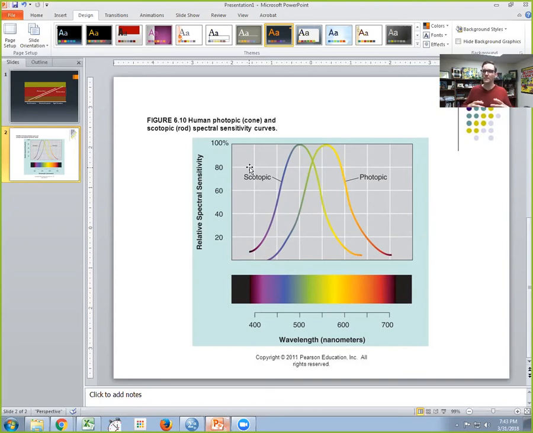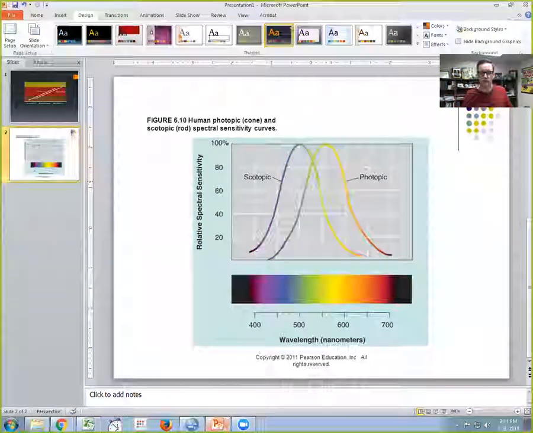All right, so this effect where we see a shifting. So we've talked about, in moderate and high levels of illumination, you've got primarily photopic vision.